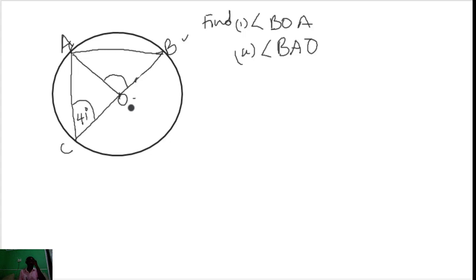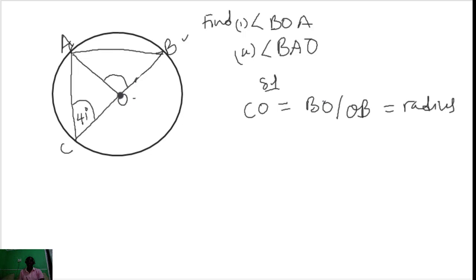What you need to do is that because CB is a diameter, center O, we can conclude that CO is equal to BO or OB, and is the radius, because any line drawn from the center to the circumference is a radius and they are equal.